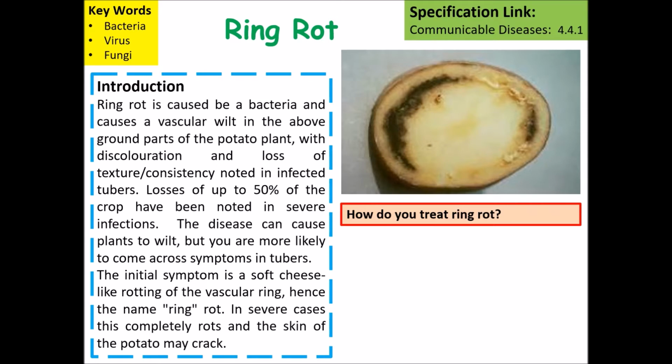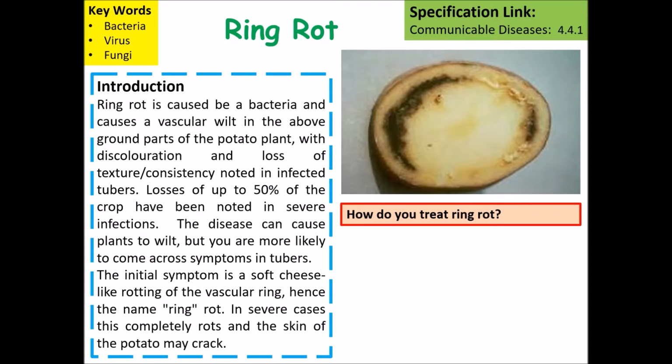Loss of up to 50% of the crop can be noted in severe infections. The disease can cause plants to wilt, but is more likely to come across in tubers. Tubers are the parts that grow underground. The initial symptom is a soft cheese-like rotting of the vascular ring, hence the name ring rot.